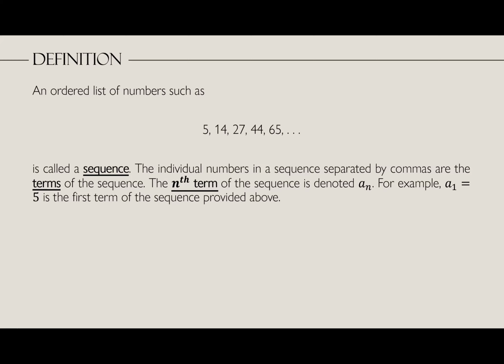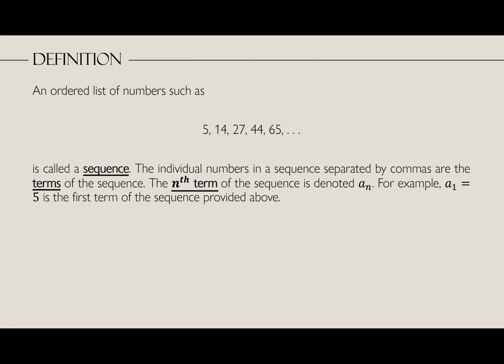We actually call this a sequence. So, whenever I look at a sequence like what I have here, the first term is 5, the second term is 14, 27 is the third, so on and so on. Each one is separated by a comma, and individually, we call these the terms of my sequence.